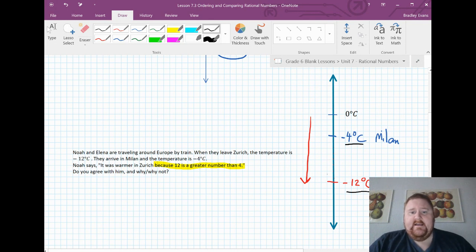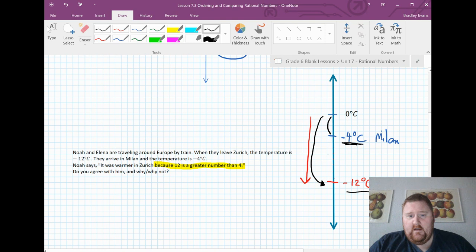And the reason for that is that negative 12 is further away from 0. We're actually at negative 12 degrees, whereas negative 4 is closer to 0.